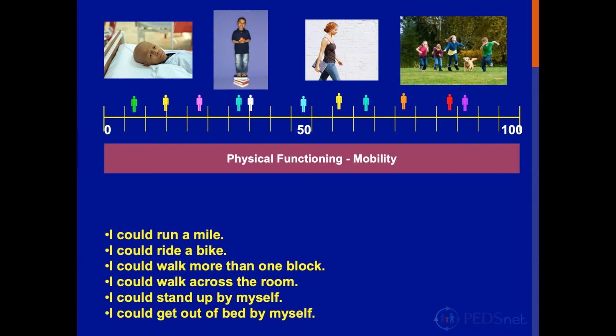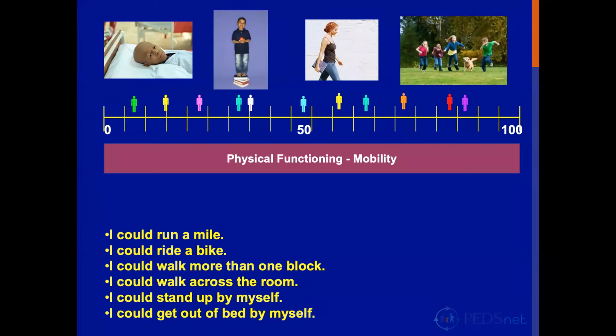If I'm an Iron Kid, a kid who does triathlons, and I'm asked, can you get out of bed by yourself as the bottom item? That's got no relevance to my life. I want to be able to answer, I can run a mile. In other words, the information you get from the low item is almost zero compared with the information you get at the top end when you're asking about somebody who's at the high end, and then vice versa.